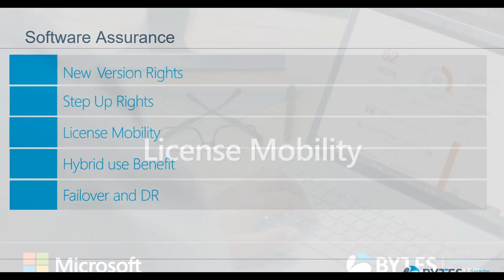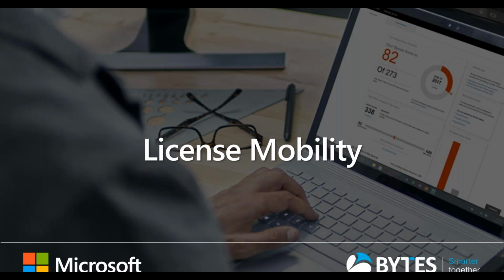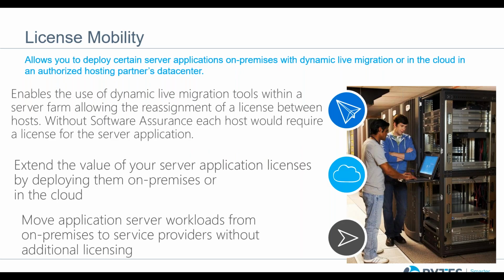So if we look at license mobility, in effect, if you have a cluster of machines, say, for example, as one of the first things we did on Windows Server, we have 3 physical hosts and we want a virtual machine to move from host to host, we need Software Assurance to do that. That also allows you to move to a third-party cloud if you wanted to, not just on premises.